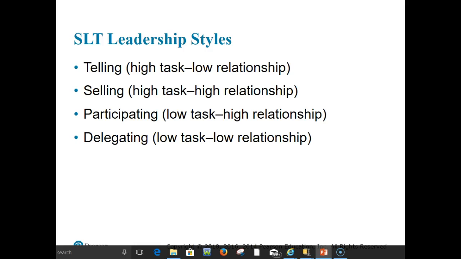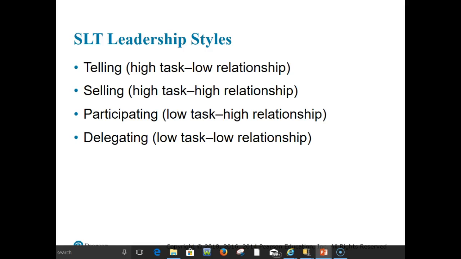So the first you have telling, and that's high task, low relationship. The leader defines roles and tells people what, how, when, and where to do various tasks. Next is selling, and that's high task, high relationship. The leader provides both directive and supportive behavior.